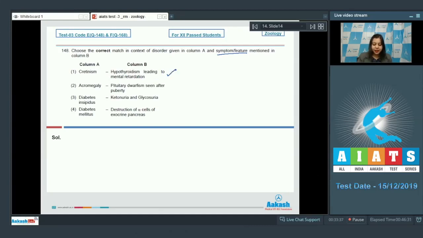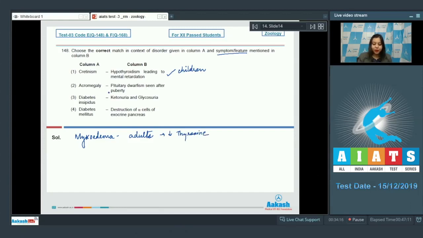This is correct, as cretinism occurs in children due to deficiency of thyroxine, whereas myxedema occurs in adults due to deficiency of thyroxine.